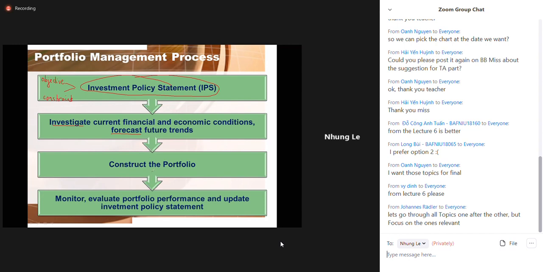For the third step, we will learn how to construct the optimal portfolio. In terms of theory, we look at the portfolio theory, and we also look at the CAPM.